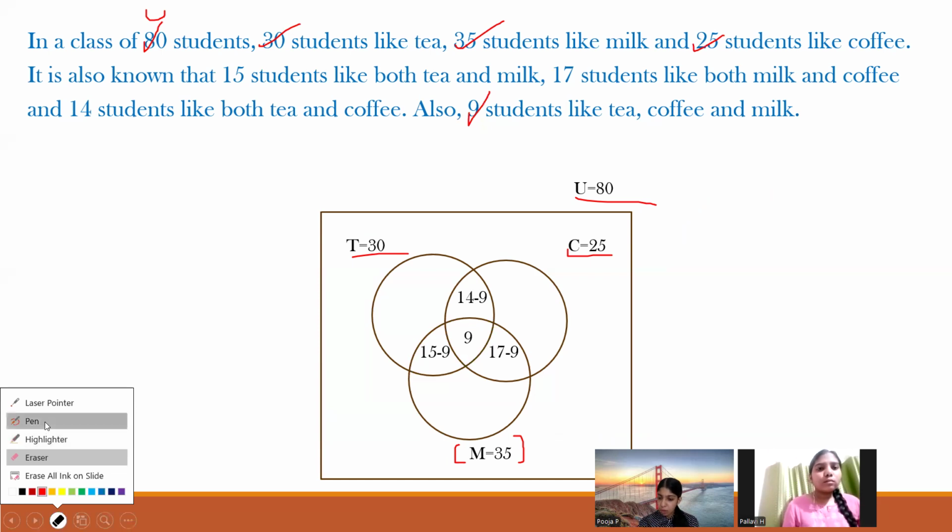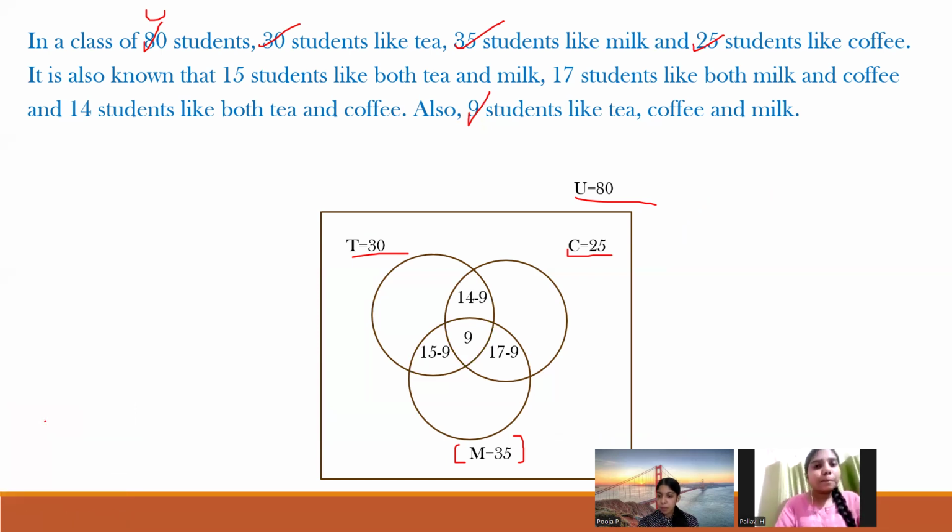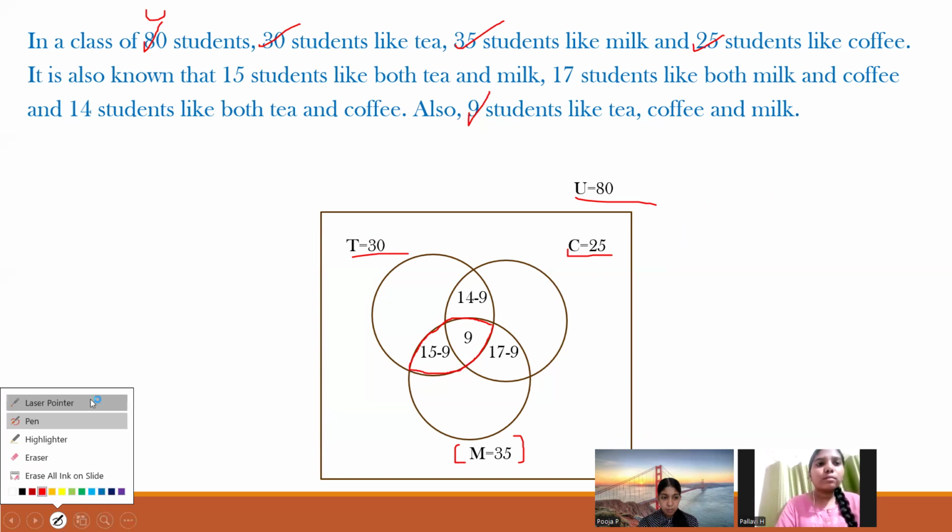Did you understand or you want me to explain it again? Ma'am, explain it again, ma'am. Okay. So they have given this entire group, this entire red region is 15.